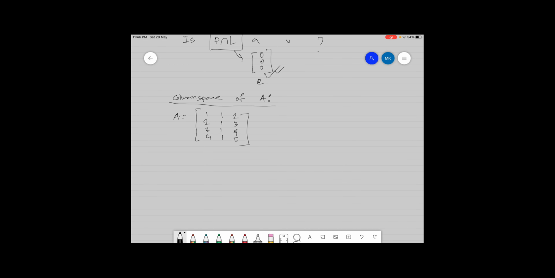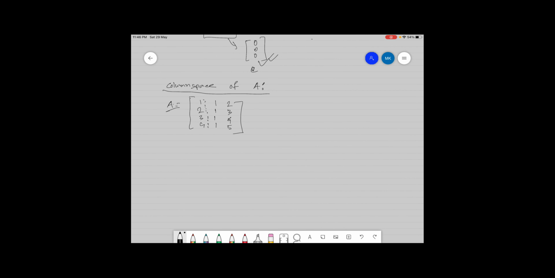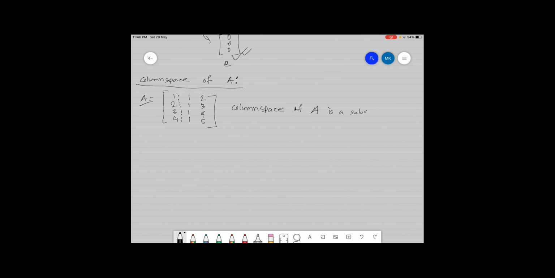So the column space of matrix A is a subspace in R4, because if you look at the columns, there are 4 elements here. So that belongs to the R4 dimension. So the column space of A is a subspace of R4, right?